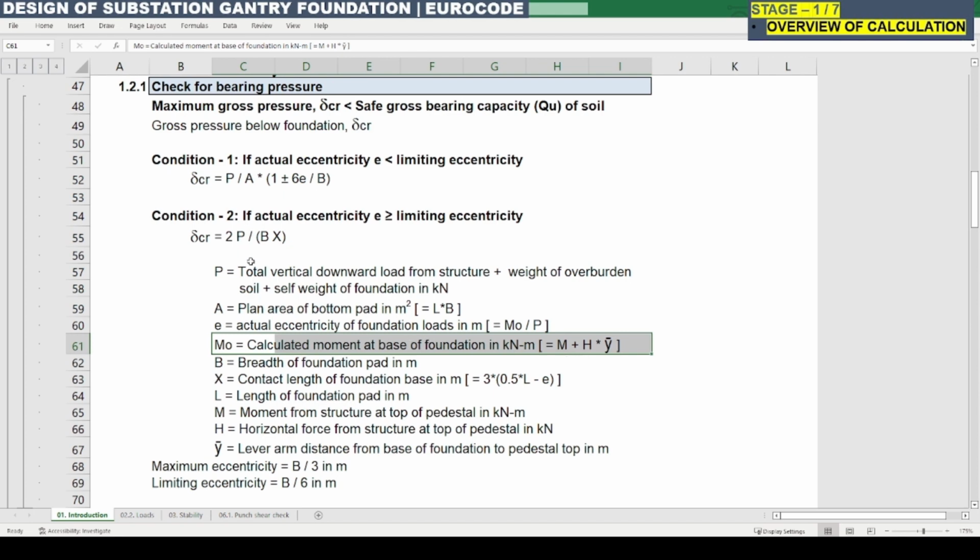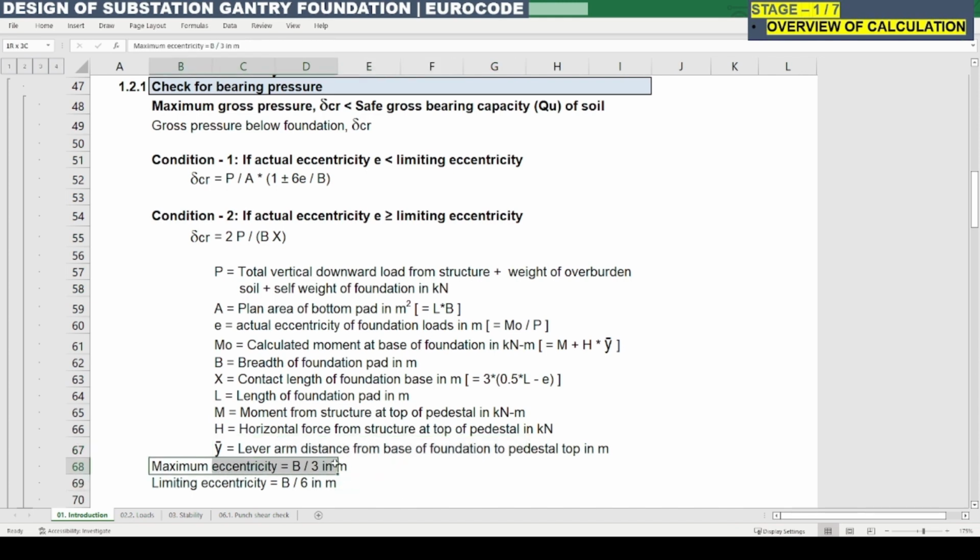So this value will help us to find out the actual eccentricity, and the breadth we know. B is the breadth of the foundation, L is the length of the foundation or bottom pad. So M is the moment of structure at the top of the pedestal.